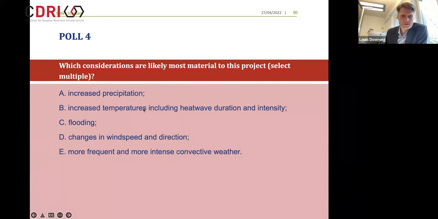Then these last two were very interesting. Changes in wind speed and direction, and more frequent and more intensive convective weather. These are two anticipated impacts of climate change in this region that was going to have a potentially huge impact, not only on this airport, but also on the diversion airports around it.